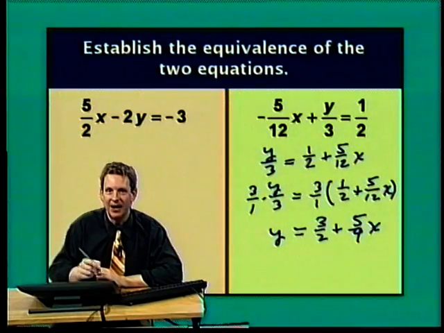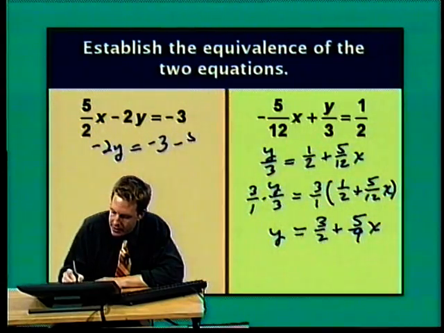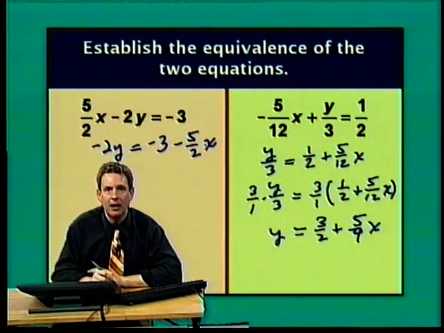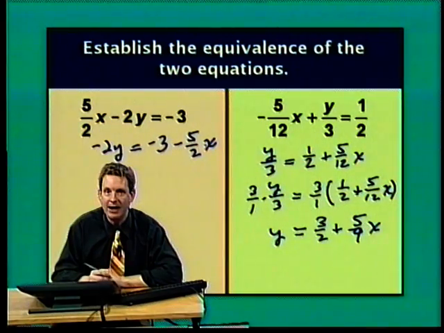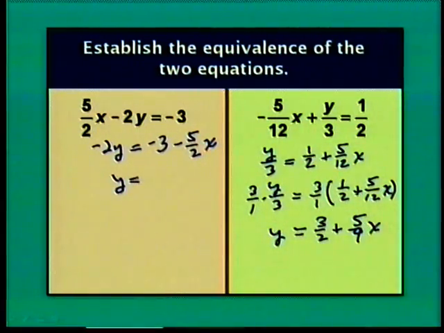How about the other equation? Subtracting 5/2 x from both sides, I have minus 2y equals minus 3 minus 5/2 x. Dividing both sides of the equation by -2, I have y equals -3 divided by -2 is positive 3/2. -5/2 divided by -2 is the same as -5/2 times -1/2.